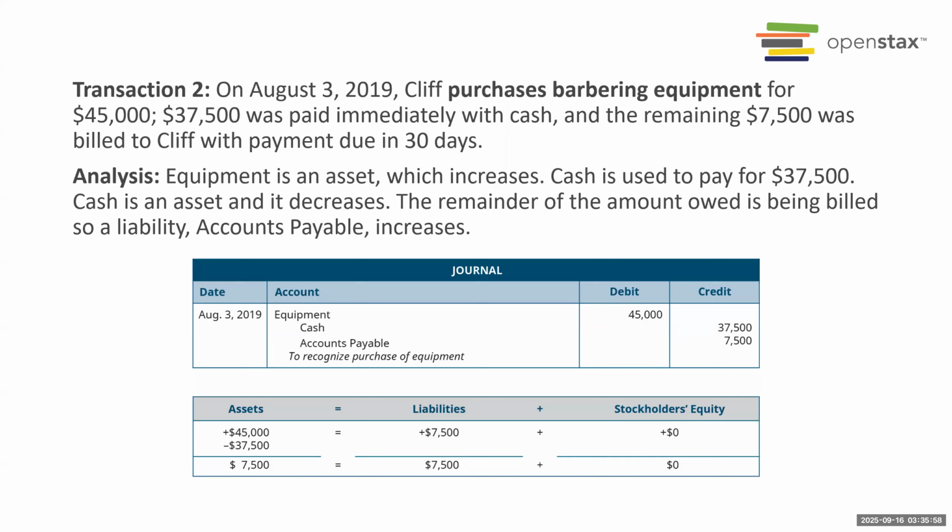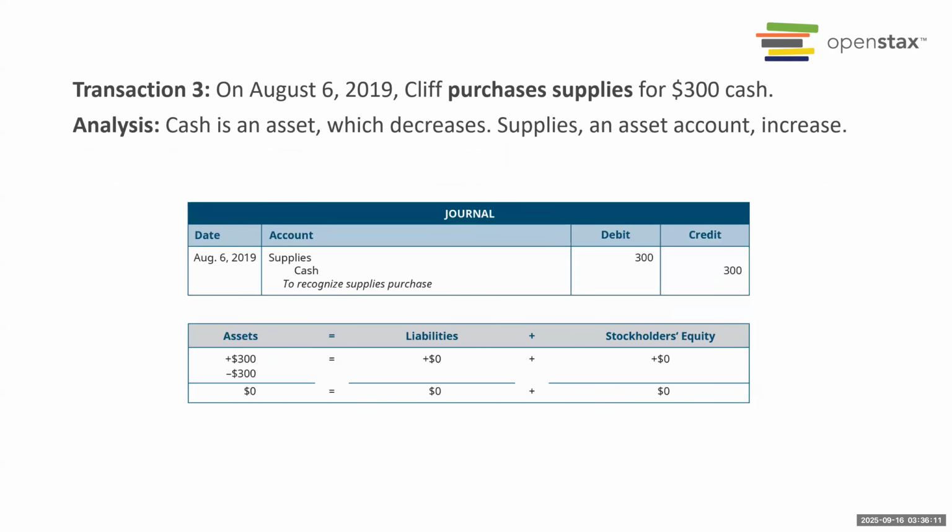So the $45,000 and the $37,500 are netted against each other, and assets increase $7,500 while liabilities increase $7,500. We purchase supplies. Supplies is debited $300 and cash is credited $300. These both impact an asset account. Netting them together, there's $0 impact.